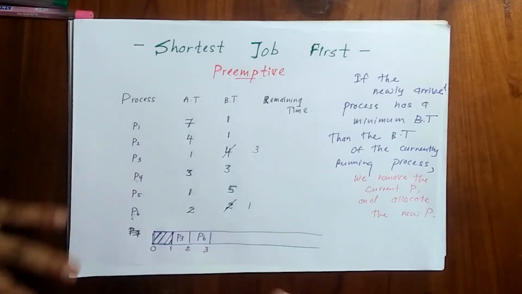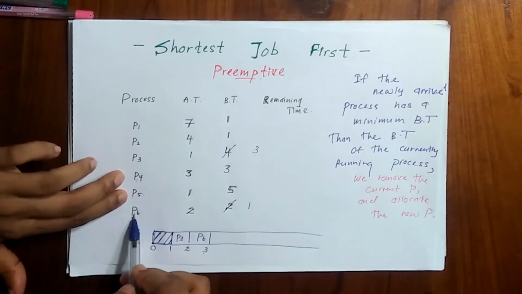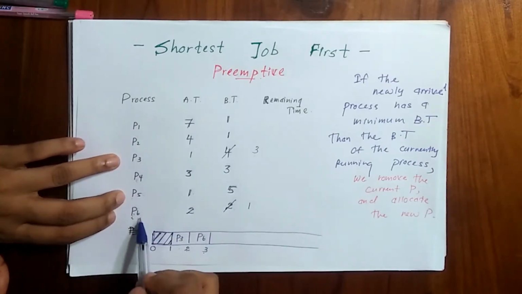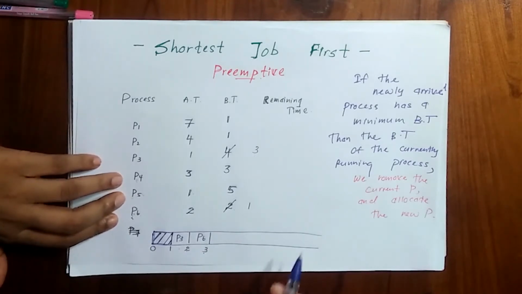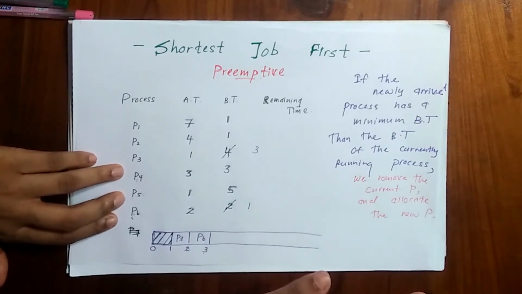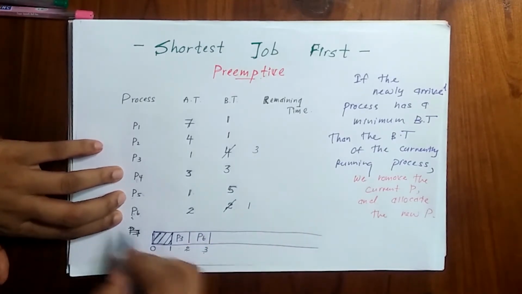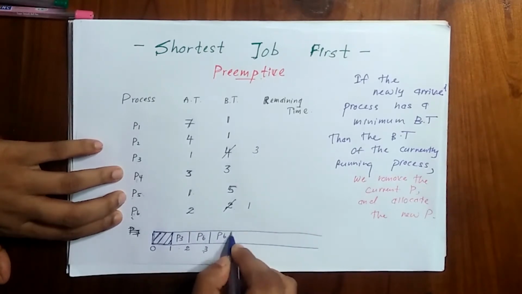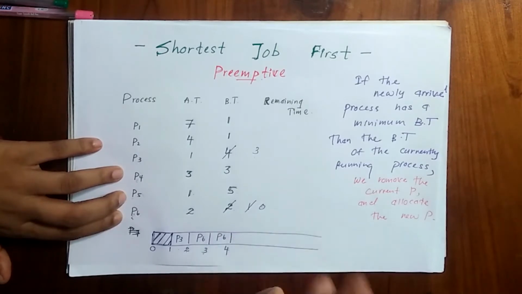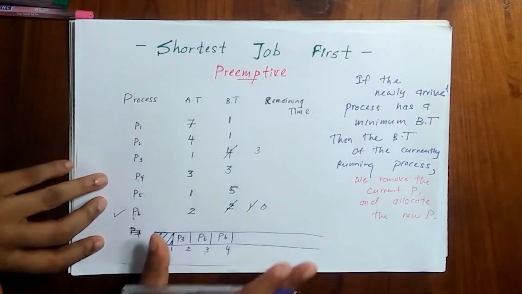So now we have P4, P5, P6 and P3, all 4 processes. From these 4 processes, who has the minimum burst time? P6. So we place P6 here again and it becomes 4 and the remaining time is 0. That means we are done with P6.